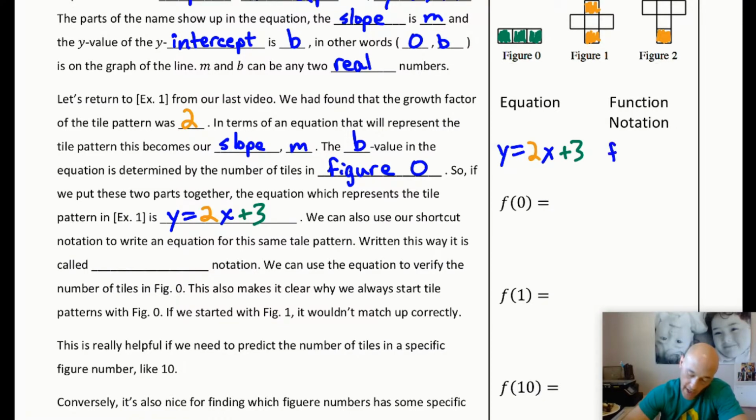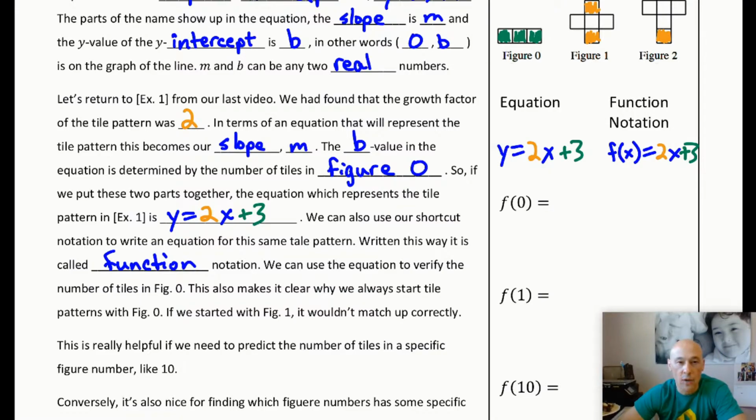So it was f of a number, and here we're going to do f of x because it's just the general situation where we don't know what number we're talking about, which figure number, but it equals 2 times x plus 3. And written this way, it is called function notation.